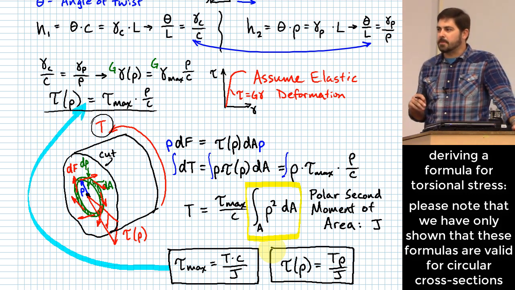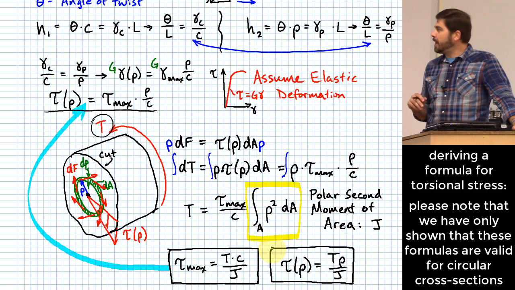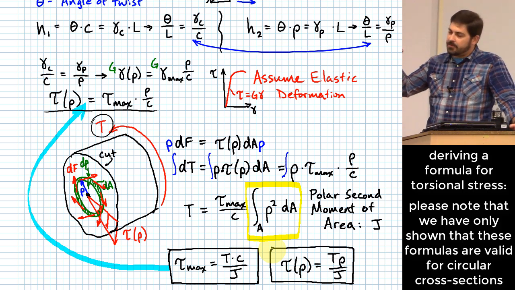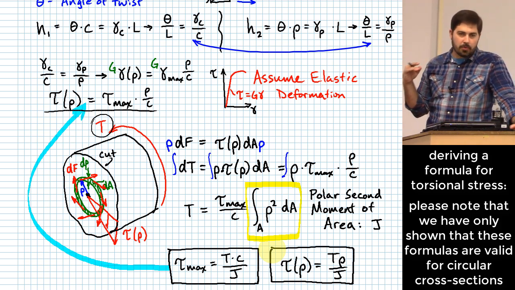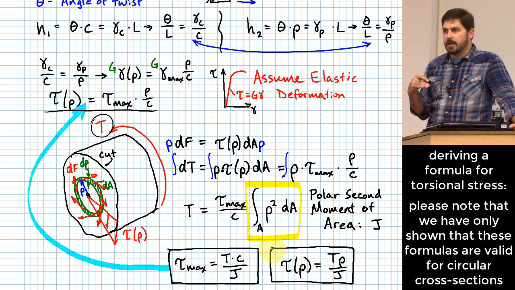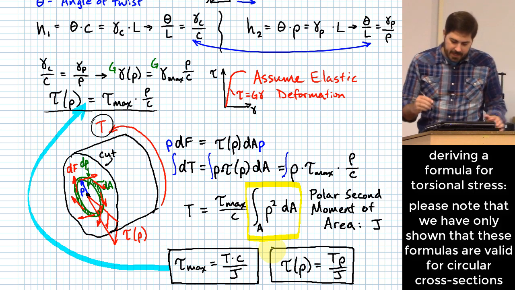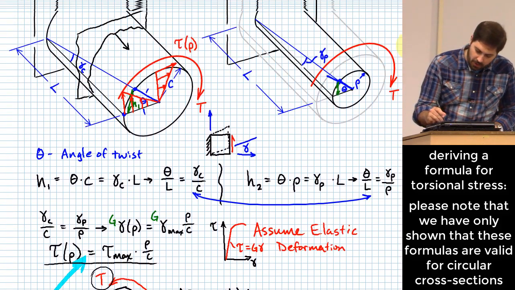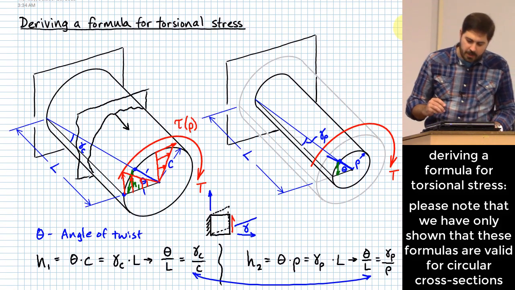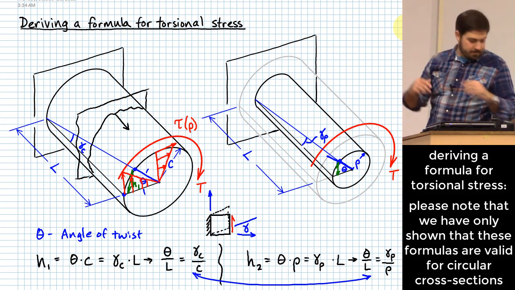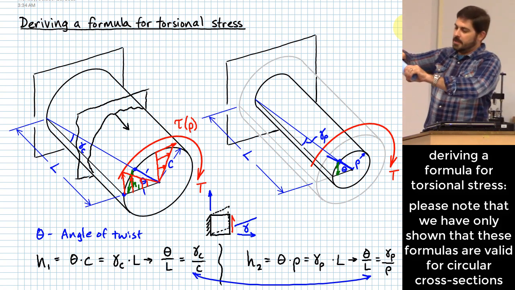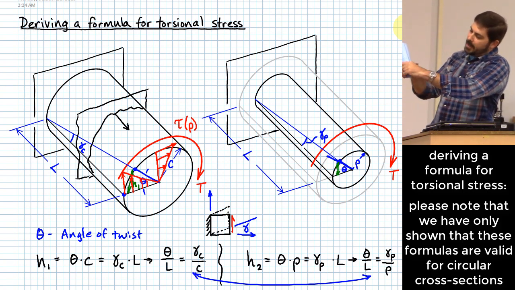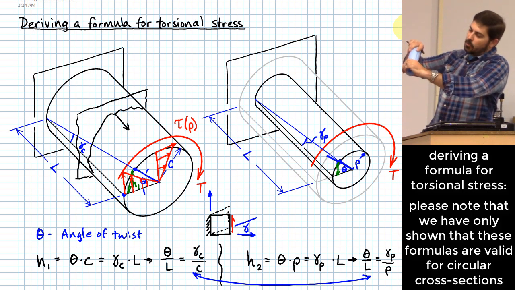We didn't say this much right at the very beginning, but all of what I just derived is technically only valid for circular cross sections. The reason is that circular cross sections are the only ones for which, when you twist them, the shape of the outer surface remains cylindrical.